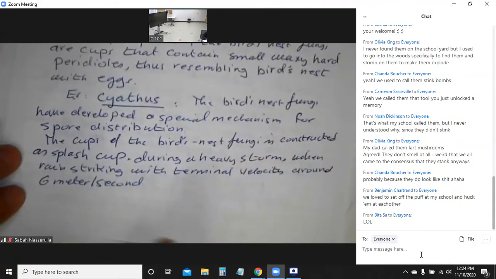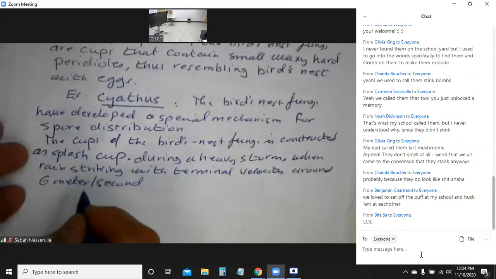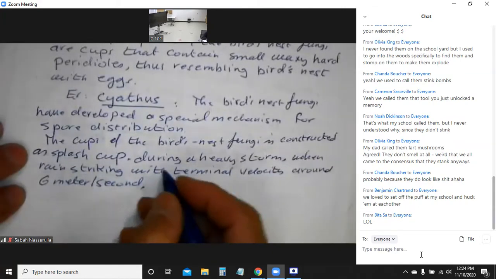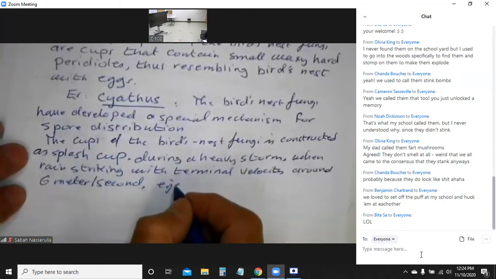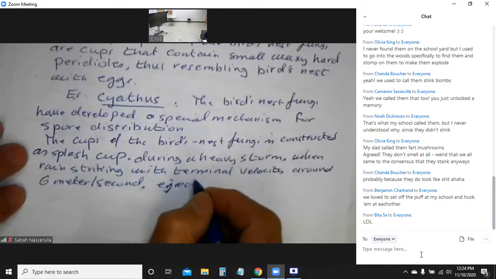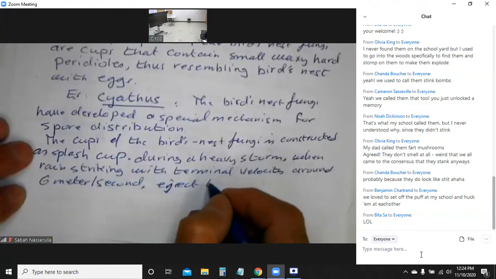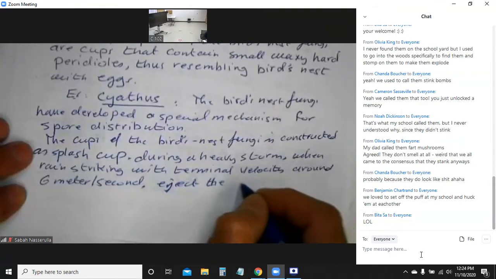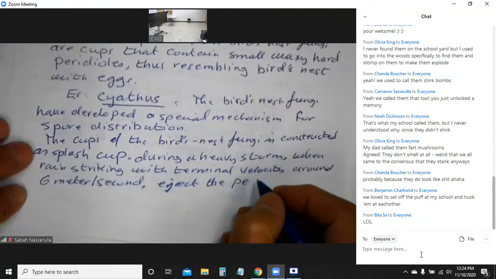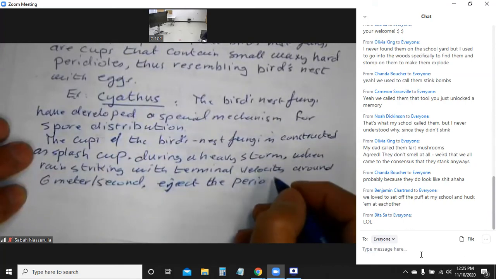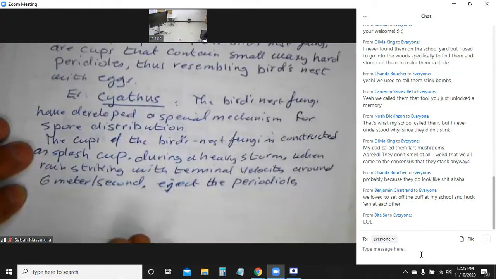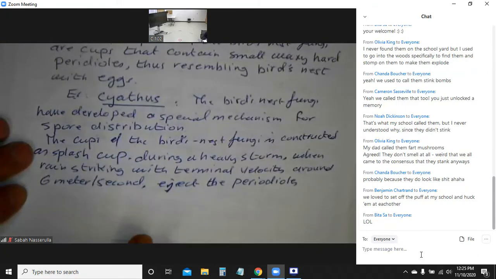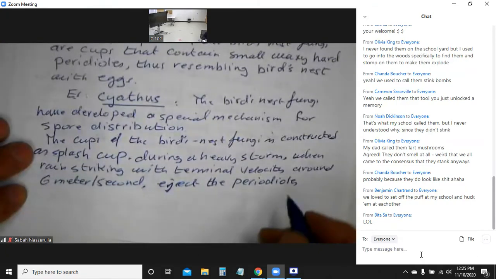This force ejects the peridioles to a distance of about 3 to 4 feet.